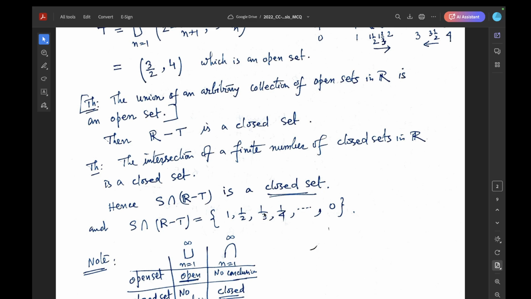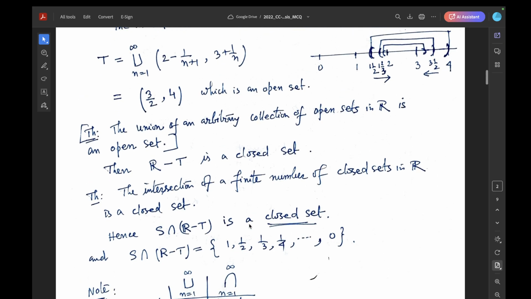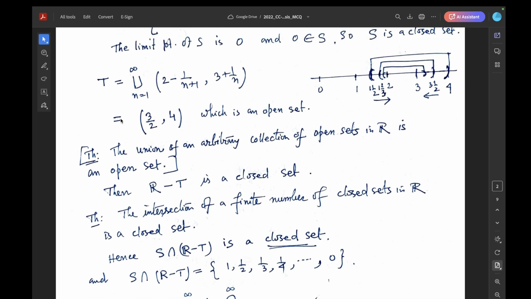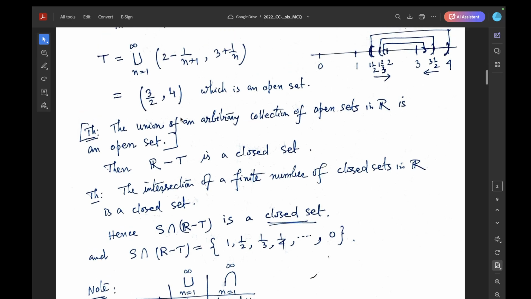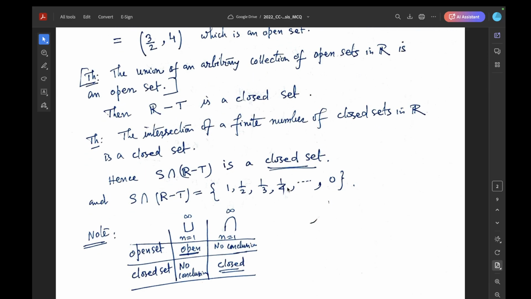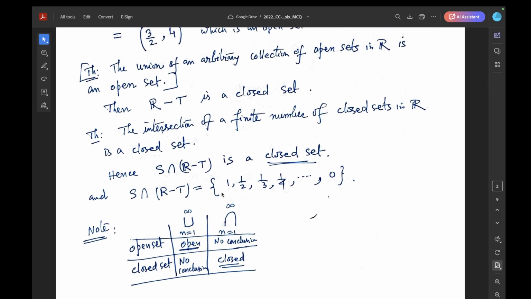S intersection R minus T: actually this is R minus the interval 3 by 2 and 4, so only 2 can be eliminated from this set. So these elements belong to this set, and 0 is the limit point of this set.